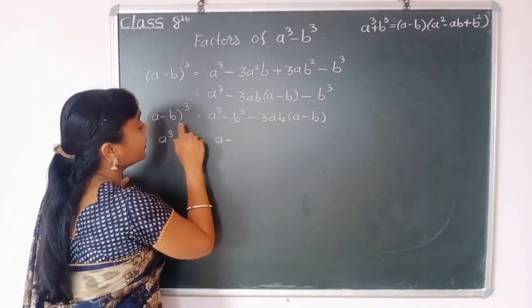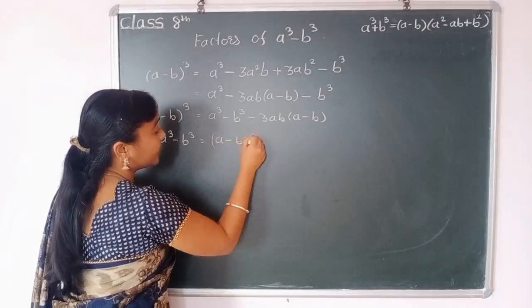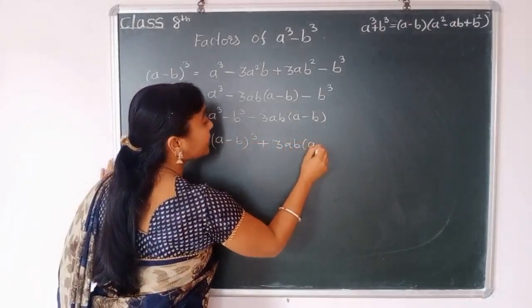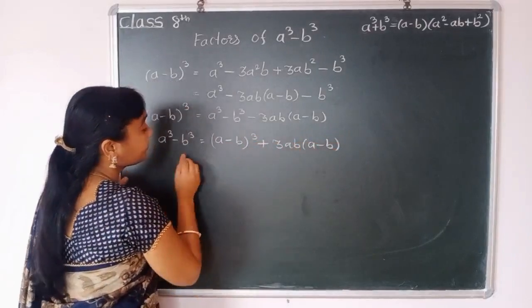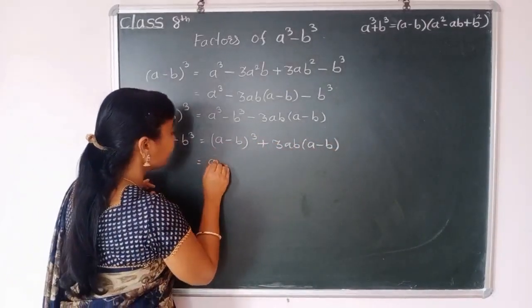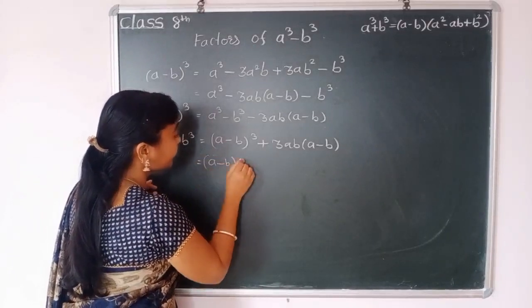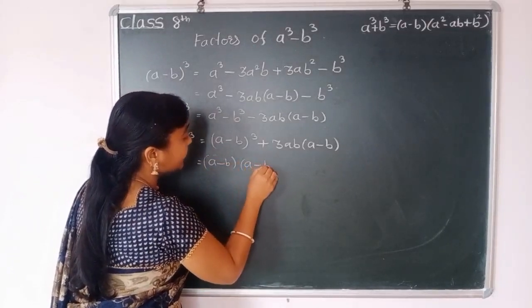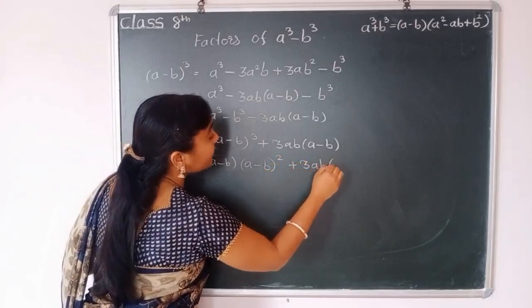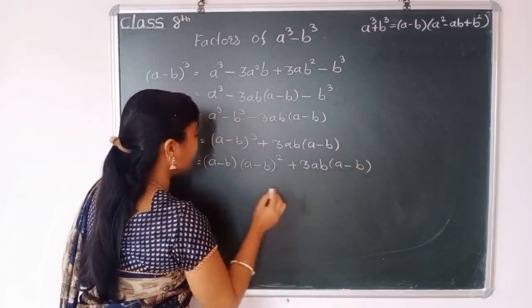Then we get (a minus b) whole cube plus thrice ab in the bracket (a minus b). Now this is the cube, so I write here (a minus b) bracket square plus thrice ab in the bracket (a minus b).